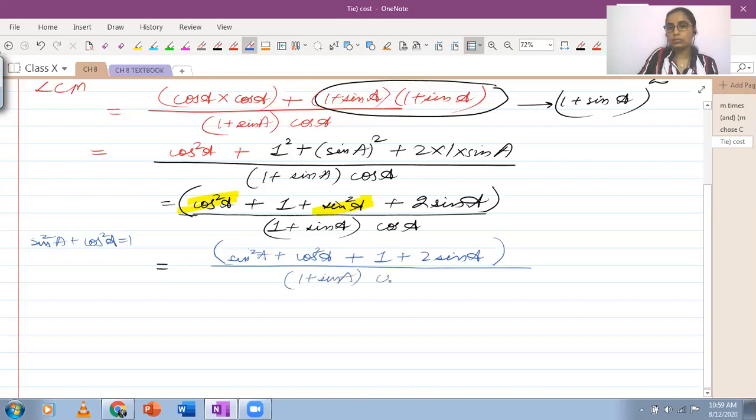The denominator is still the same, and now I'm going to apply the identity on the first 2 terms, and this becomes 1.